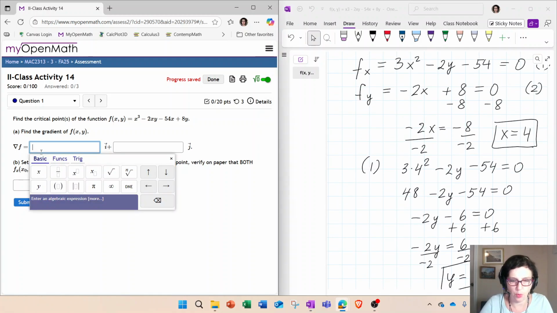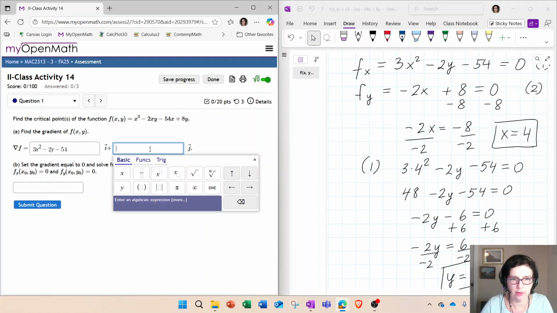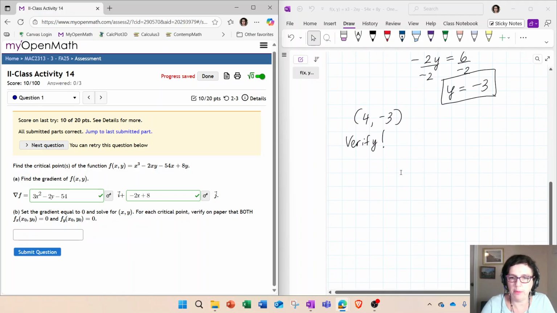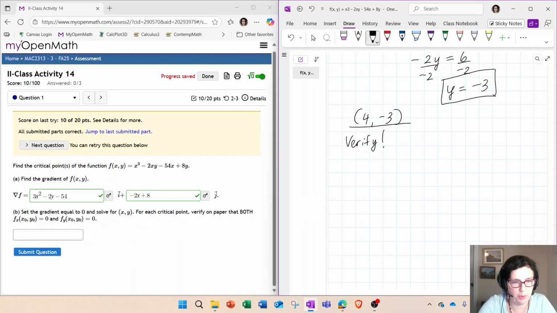Let me copy the derivatives we have in here and submit just to make sure I got that part correct. Then the next part is what we mean by verify. You're going to have a blank where you have to insert your verification. The verification means that the critical point you found must be substituted into both fx and fy, and you have to make sure you get 0.